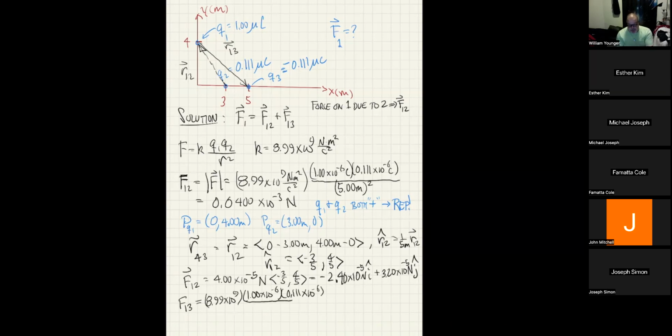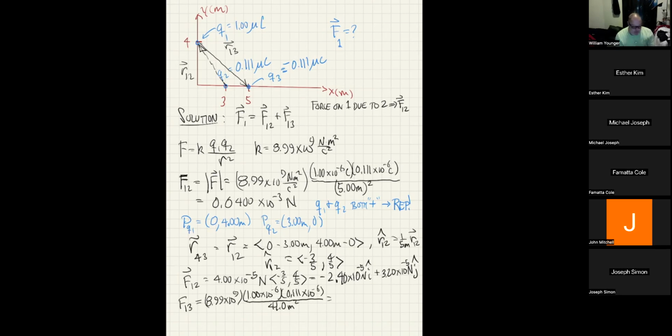So it's not a special triangle that we're used to, but we do know that 5 squared is 25 and 4 squared is 16. So 16 plus 25 would be 41. So it's a square root of 41, and when we square it, we just get 41.0 meters squared.